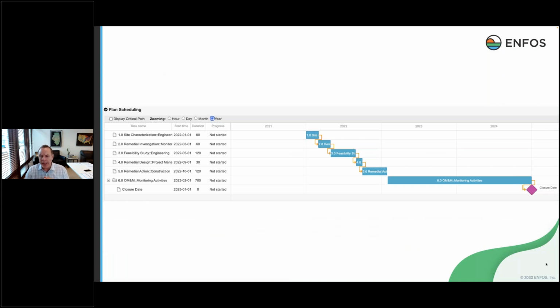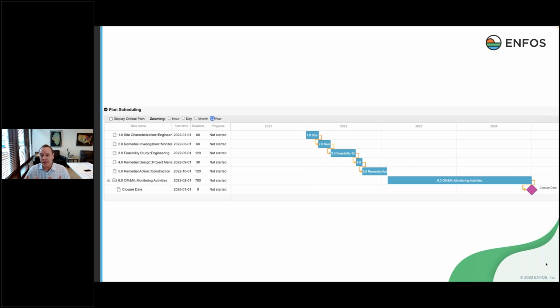In planning and forecasting, because we're looking out long term, our customers and those of you that aren't customers also have scheduling requirements, right? So I'm showing you an example screenshot from ENFOS. So not only do I have my financial projections, I can have a schedule, and then I can have my decision support all in one place for every plan change over the life of that project.